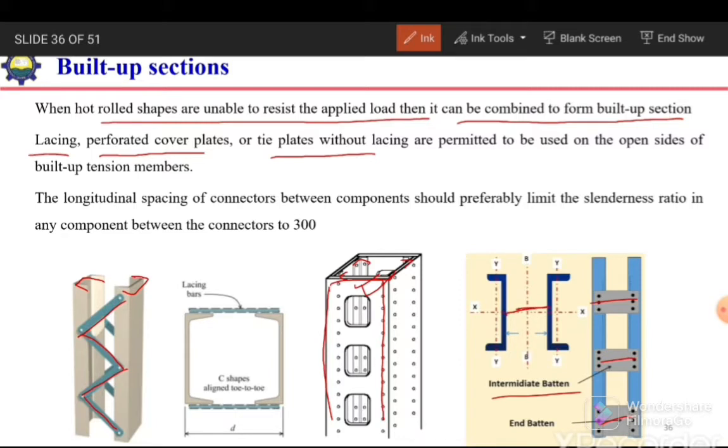The spacing of these connecting members should be decided such that the slenderness ratio of the individual member is less than 300. So the slenderness ratio of each component should be less than 300.